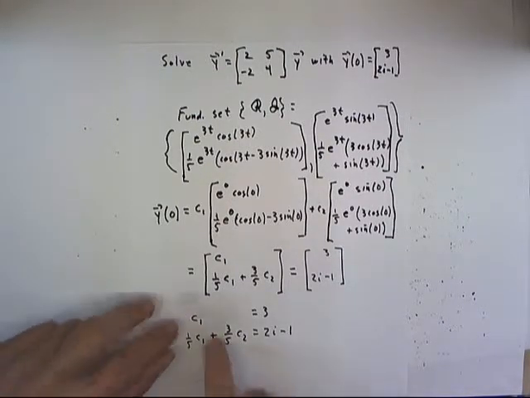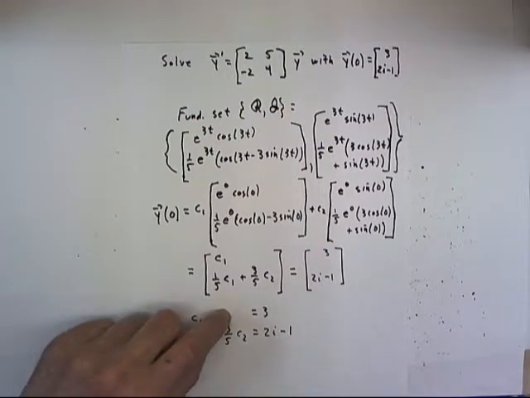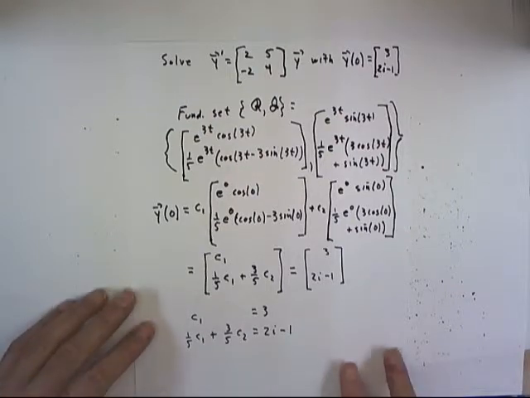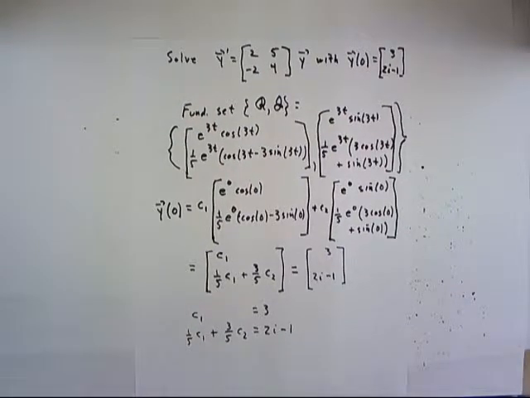Now even if we had a non-zero term here for c2, we would be able to do this solution. The manipulations would be a little more complicated, but we've seen how to do the manipulations with complex numbers, and that's something you simply have to practice.